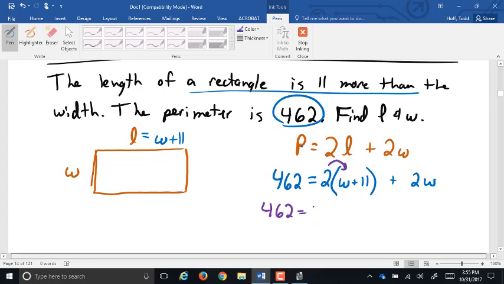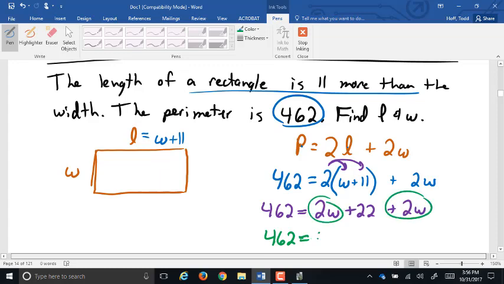2 times W, yep, is 2W. And then 2 times 11 is 22. It's 2W. And then 2W and 2W make 4W.